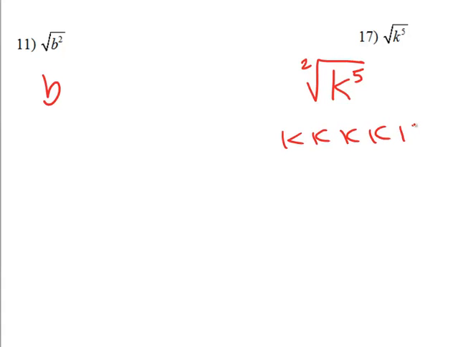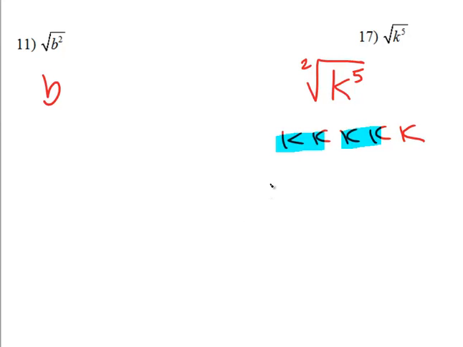We've seen this one before. Well, the square root of b to the 2nd is b. But let's take a look at the square root of k to the 5th. Again, I have my secret 2. You can draw the picture. There's 5 k's. How many 2's can you make out of that? 1, 2.